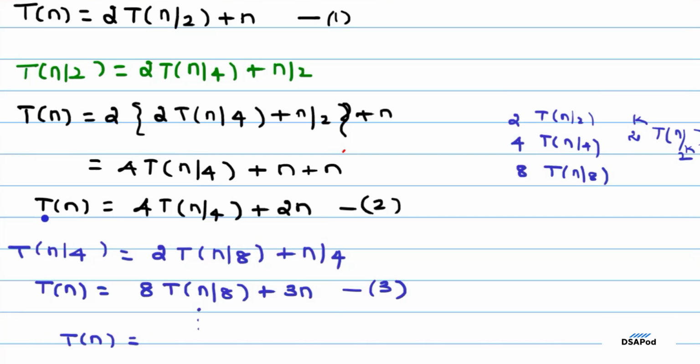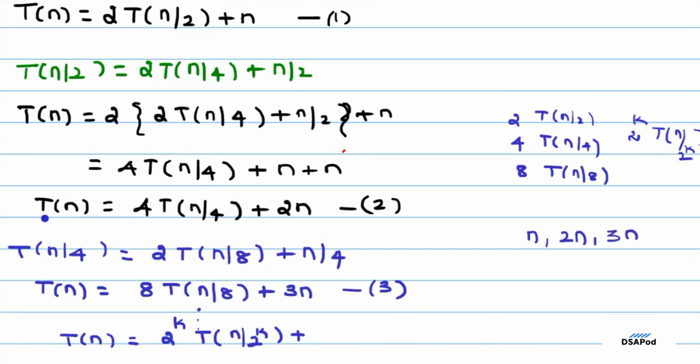Here the pattern is 2 power k T of n by 2 power k plus the cost outside recursion. It is of the form n, then 2n, 3n.